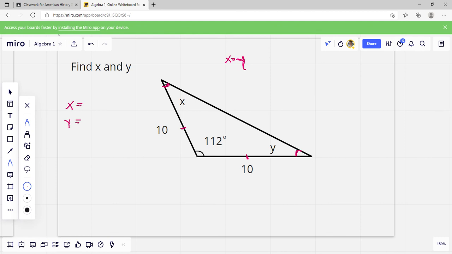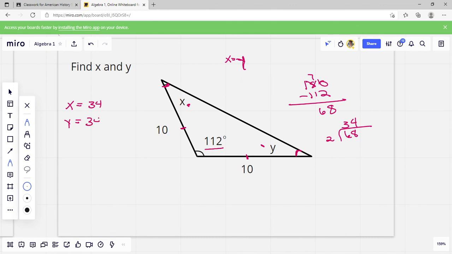So we're going to have to take our 112 and subtract that from 180. And we're going to get 68. But that means that x and y both have to share that 68. We have to split that in half. So we're going to do 68 divided by 2. And that would be 34.